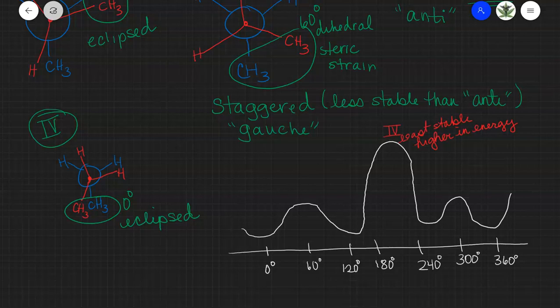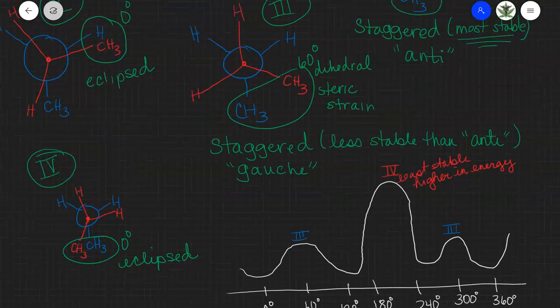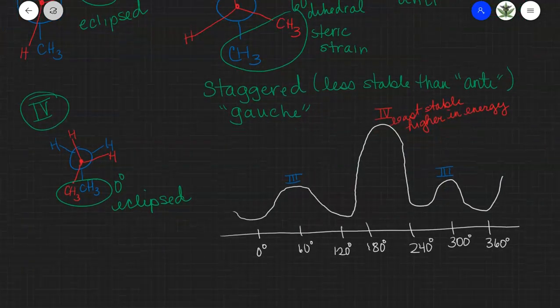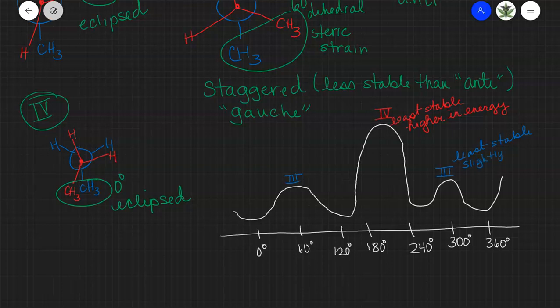Then we have here structure number 3, which is shown here. And that represents our least stable, slightly lower in energy, staggered gauche conformations.